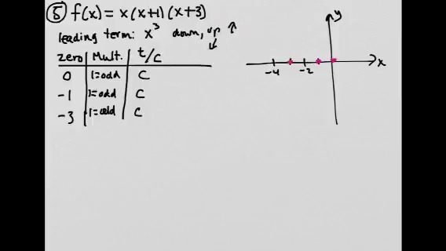Okay, so I take the outermost zeros, and I know that on the first one the graph is going to go down, and the second one the graph is going to go up. Okay, so I connect the two ends, the left end and the right end, with a curve. So I know it's going to cross through negative 3, it's going to cross through negative 1, whoops, I missed it a little bit, cross through negative 1, and then go back up through 0. So that's a rough sketch of the function, okay?